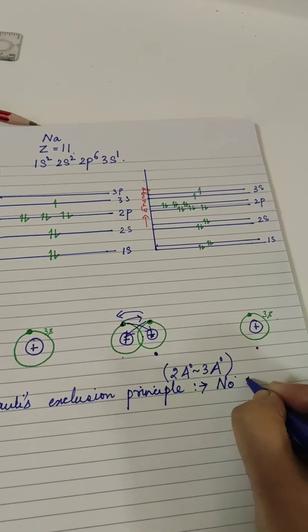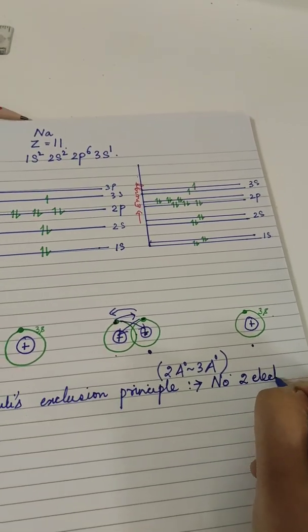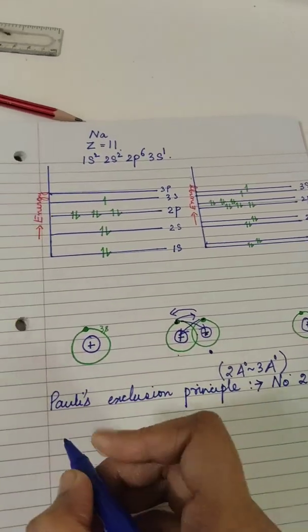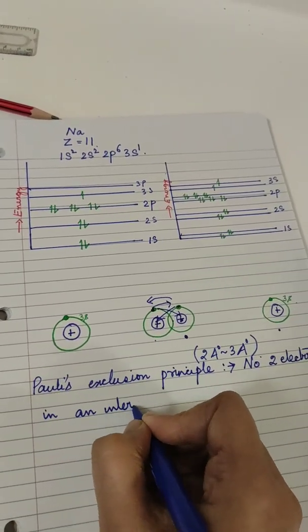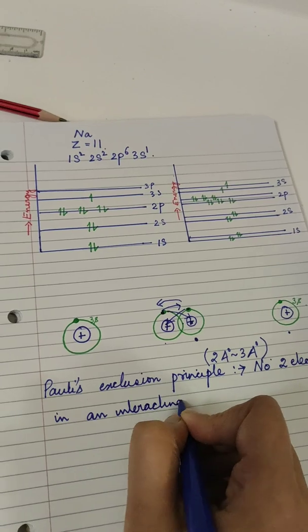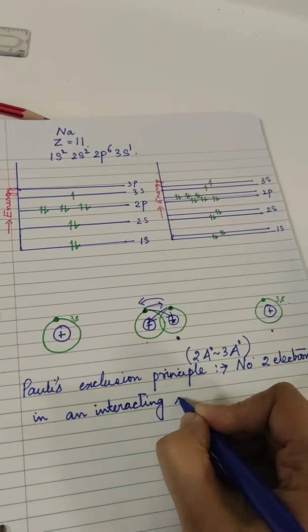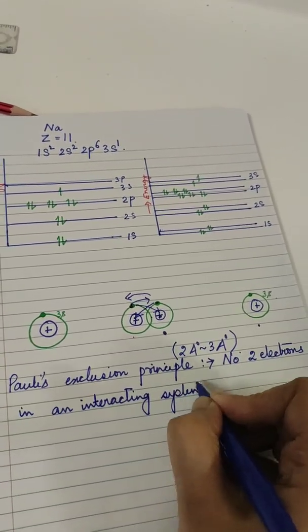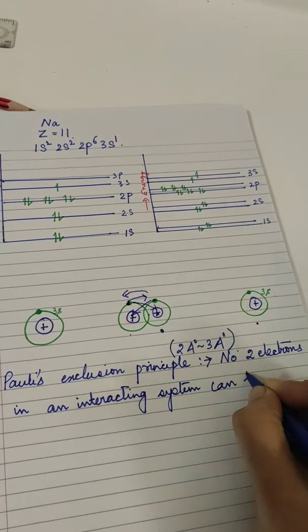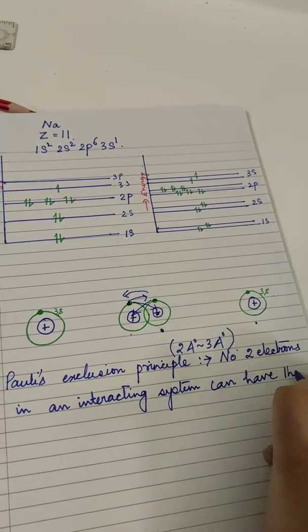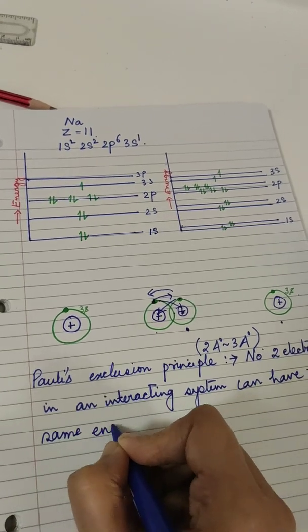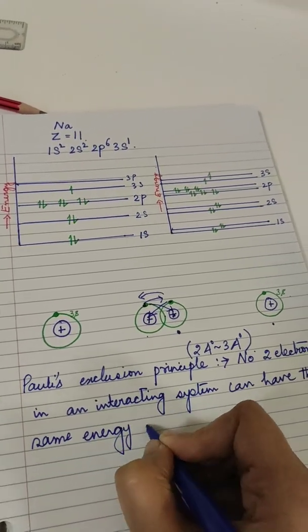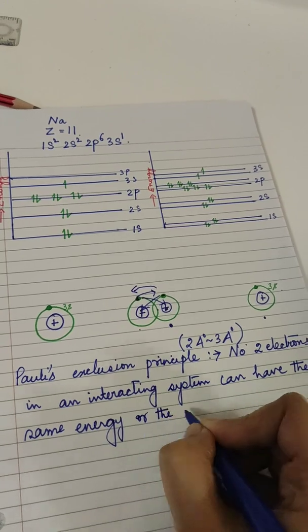I write it down: no two electrons in an interacting system can have the same energy or the same quantum state.